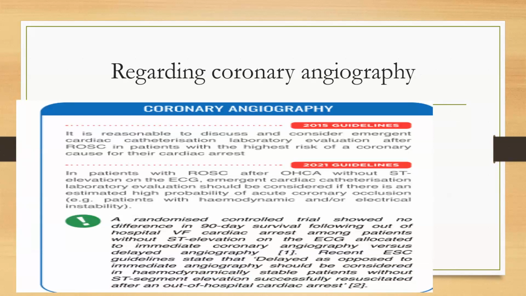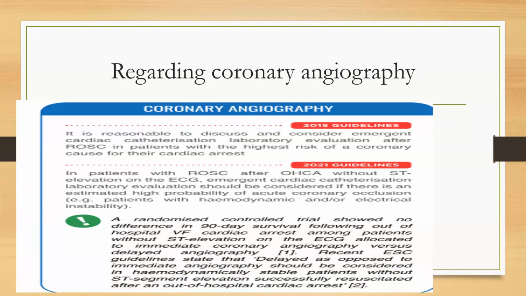So, regarding coronary angiography, when exactly is it recommended and when should we do it? In the 2015 guidelines, they said it is reasonable to discuss and consider emergent cardiac catheterization laboratory evaluation after ROSC in patients with the highest risk of coronary cause for their cardiac arrest.